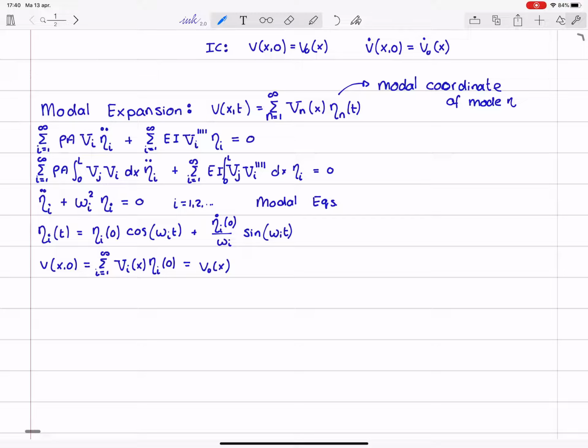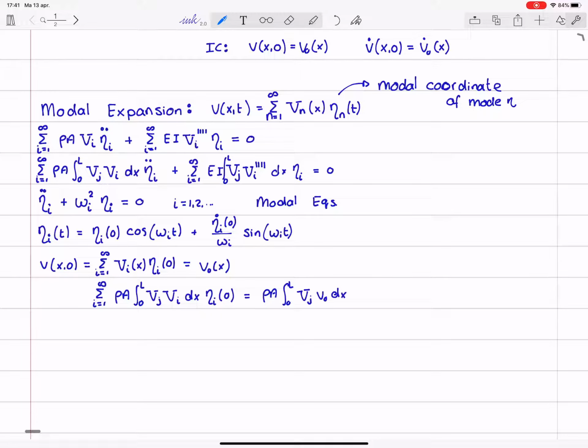So let's multiply both sides of the equation by rho A Vj and integrate to obtain the infinite sum of rho A integral of Vj Vi dx times eta i at 0 equals rho A integral of Vj times V0 dx.